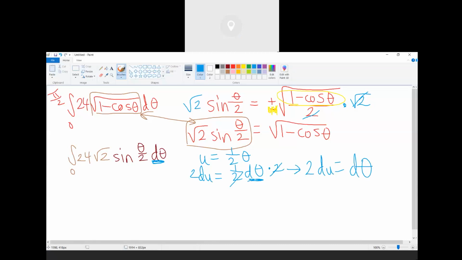That means, of course, we need to pull out a 2 and also pull out the 24 square root of 2. Now, when I multiply that 2 that I got from my derivative, we have now 48 square root of 2 times the integral of sine u du.